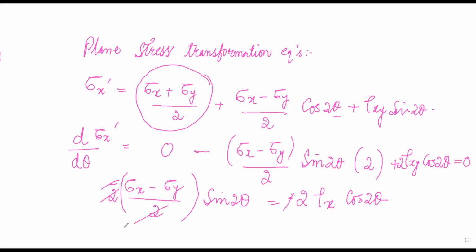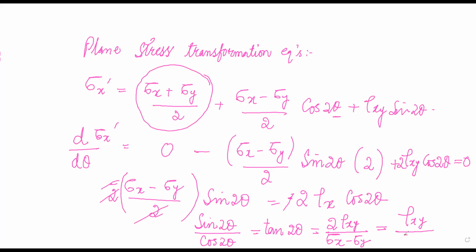So we can write sin 2 theta divided by cos 2 theta, which is tan 2 theta, isn't it? That is equal to twice tau xy divided by sigma x minus sigma y. That can also be written as tau xy divided by sigma x minus sigma y whole divided by 2. Okay.